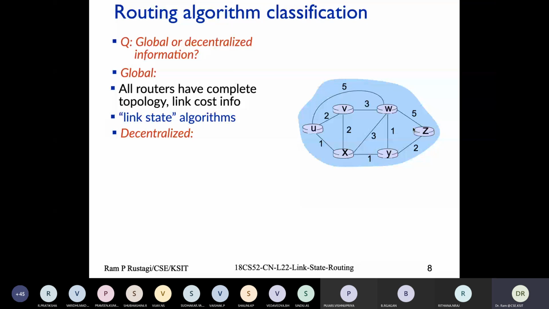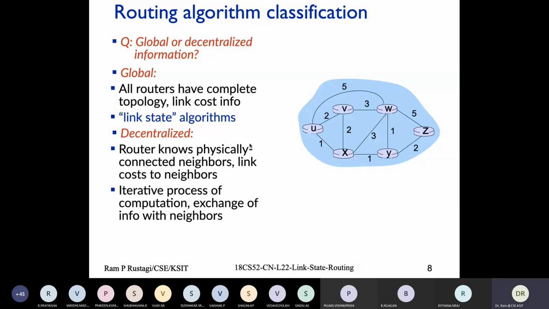The distance vector routing does not need to know that, and that is called decentralized approach. That means a router knows connectivity only about its neighbors and nothing else. They somehow get the reachability information in computation, what the distances from W to Z, W to Y are. They work upon those, and that is the one category.